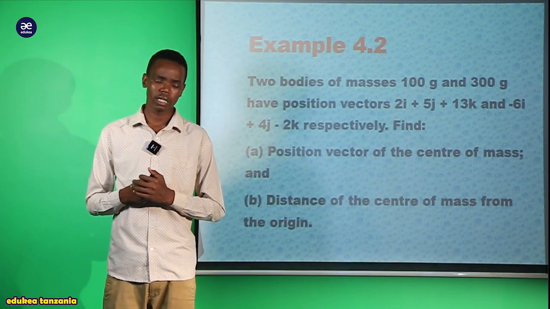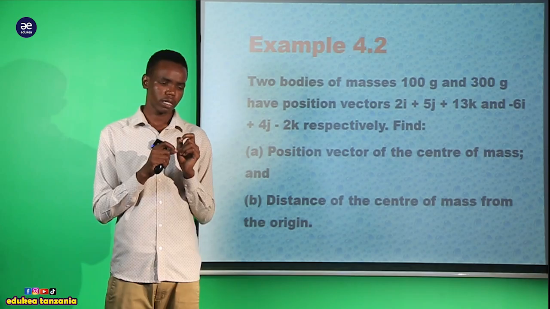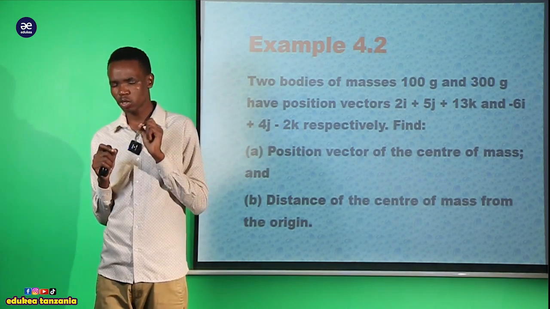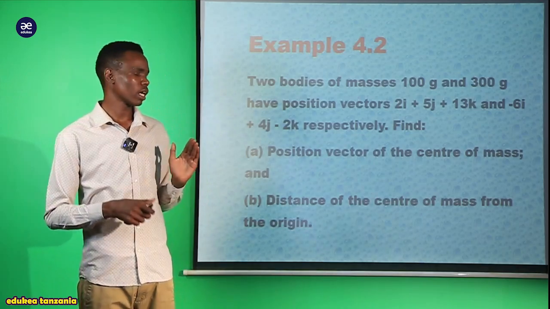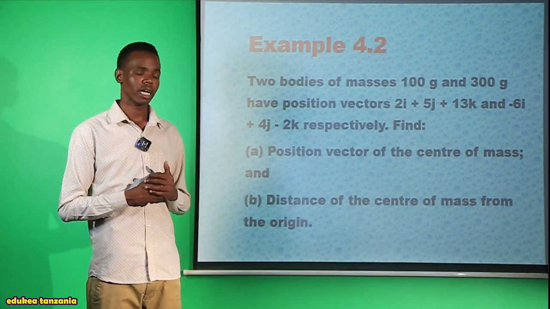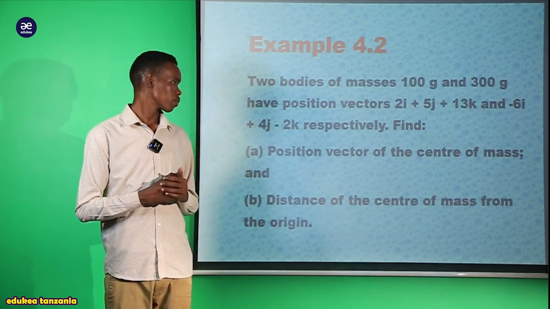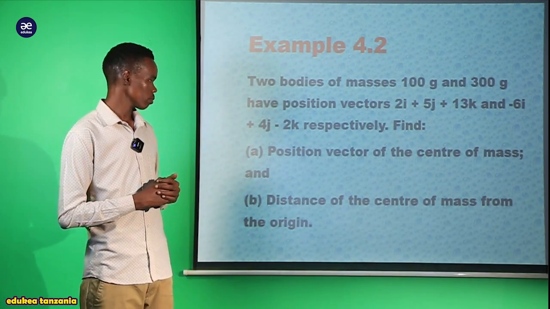Particle 2 has a mass of 3 kg and position vector -6i plus 4j minus 2k respectively, as we can see here.